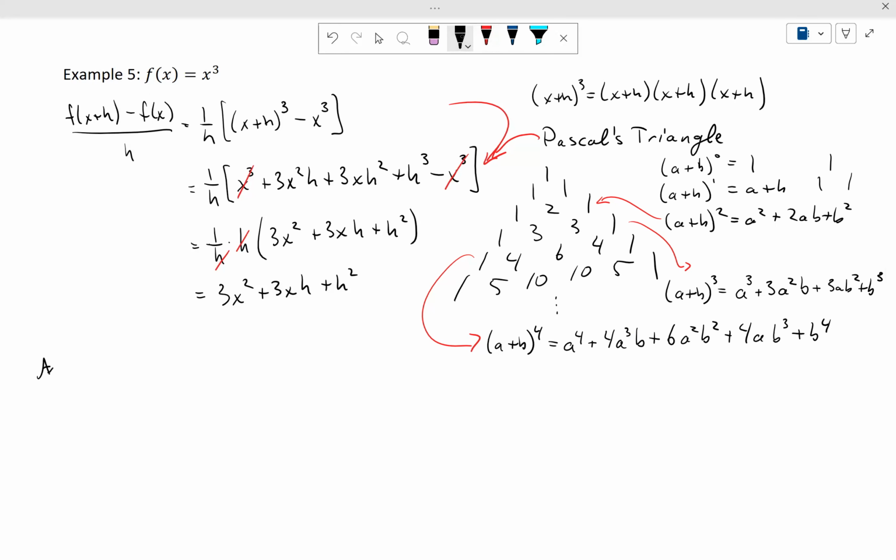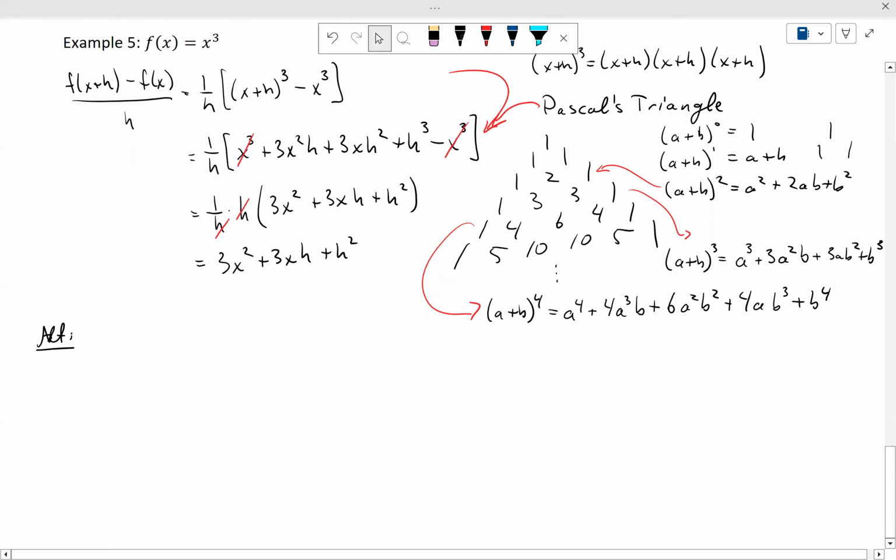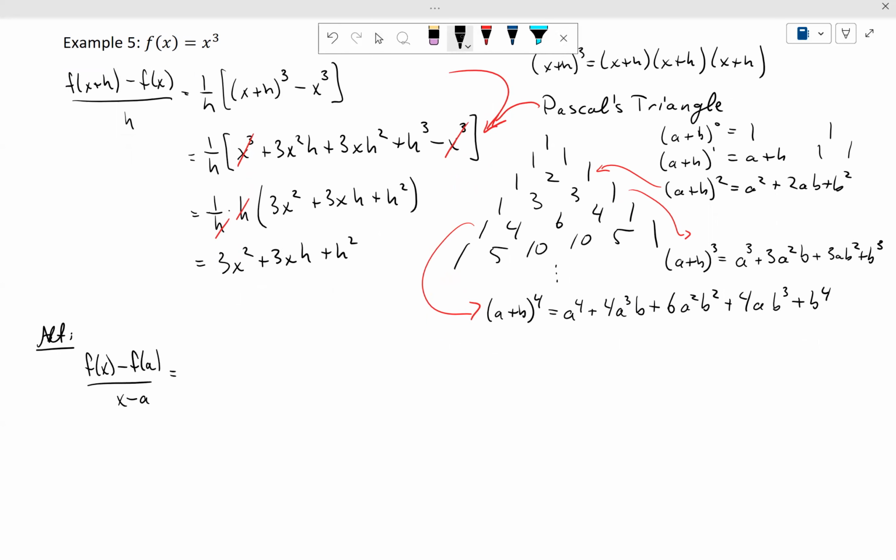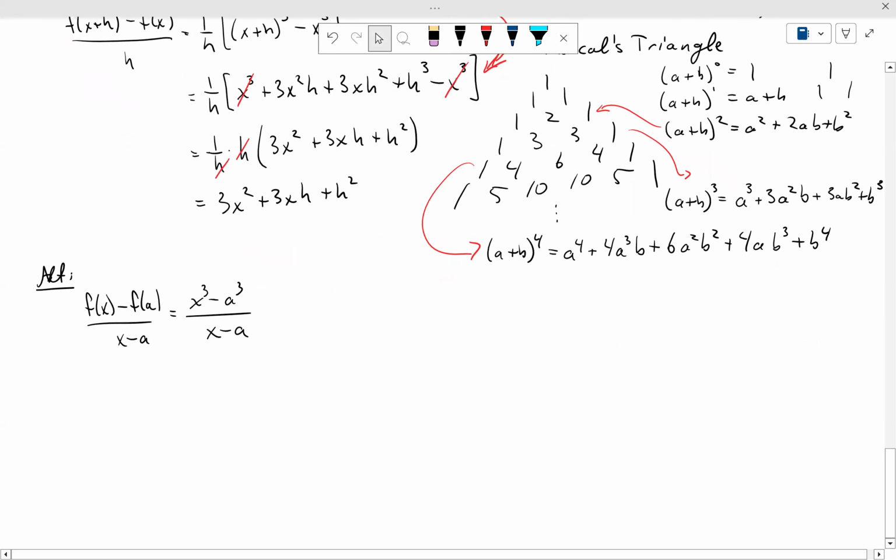Now for the alternative difference quotient. So we have f of x minus f of a all over x minus a. So this will be equal to x cubed minus a cubed all over x minus a. Turns out you can factor the numerator.